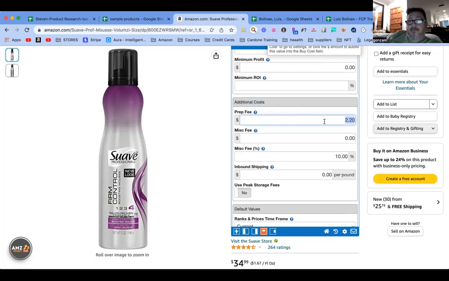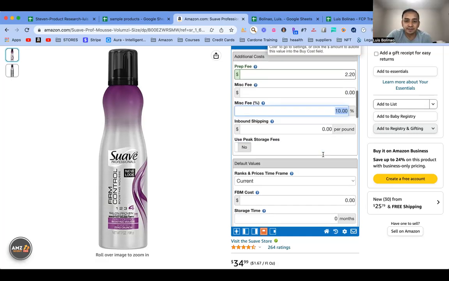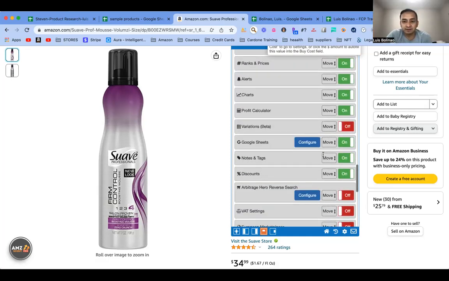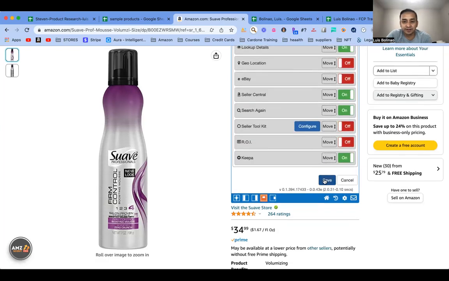Your prep fee would be $2.20. $1 goes to your Amazon shipping fee, and then $1.20 goes to your prep. And then your 10% would be for your taxes. We put 10 just because it's an even number that covers Vegas, Virginia, and California. Okay. And then from here we save.